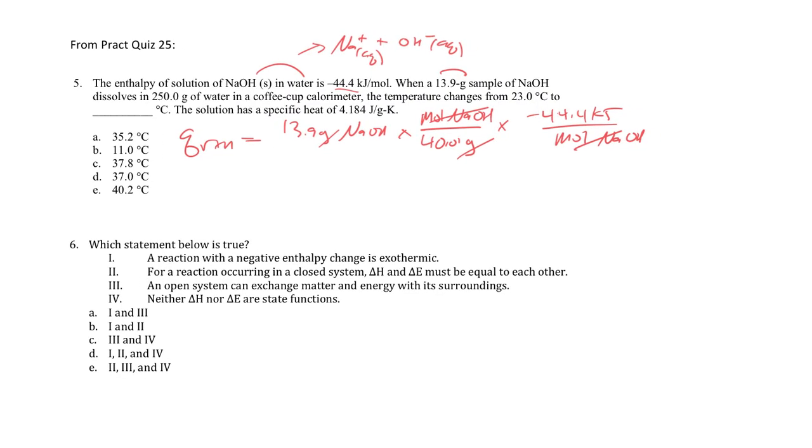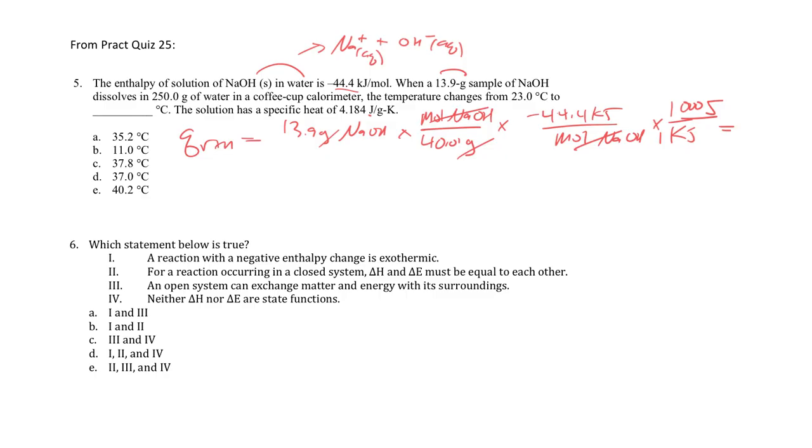And then let me do one thing here too. Let me go ahead and convert this to joules. The reason I'm going to do that is I'm looking ahead to the unit here on the specific heat, joules per gram Kelvin. At some point I'm going to have to convert either that to kJs or the kJs here to joules. So let me just convert this to joules. 1 kJ, of course, is 1,000 joules.